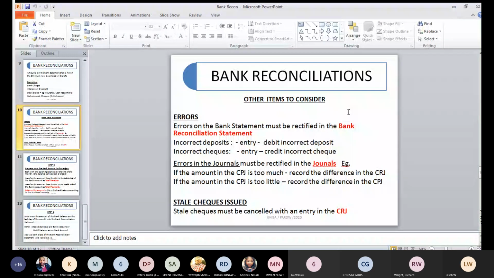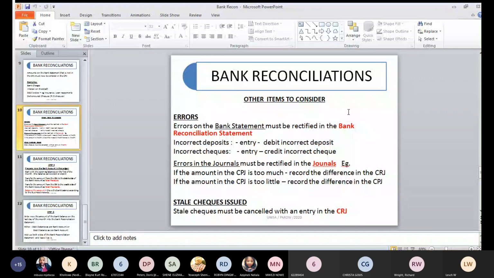If, however, another institution's check appears on our bank statement, which means that the bank has incorrectly decreased our balance, in your bank reconciliation statement you will write credit incorrect check. So that is how we deal with errors on the bank statement. Either somebody else's deposit is there, which means that the bank incorrectly increased our balance, or somebody else's payment is there, which means that the bank has incorrectly decreased our balance.